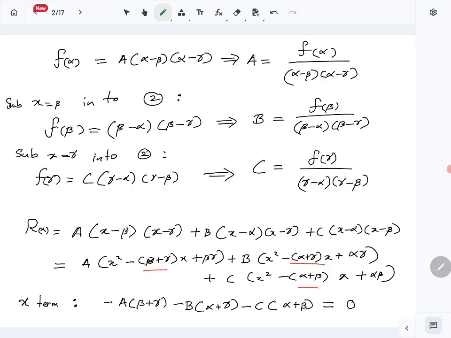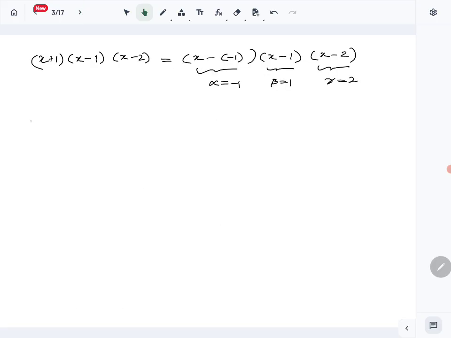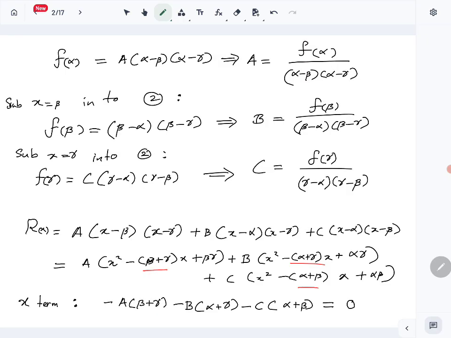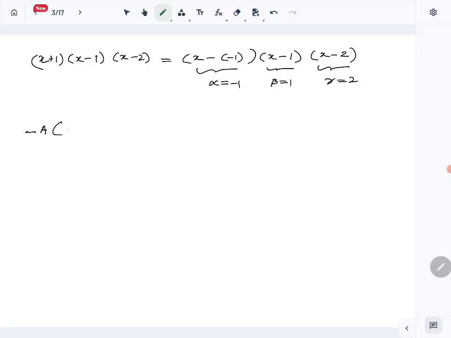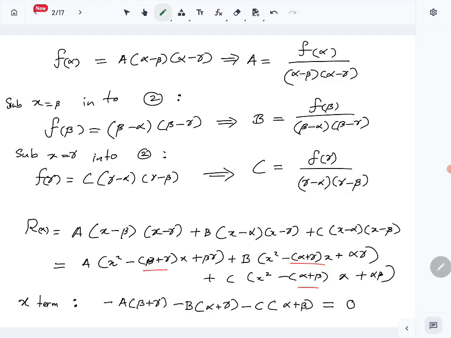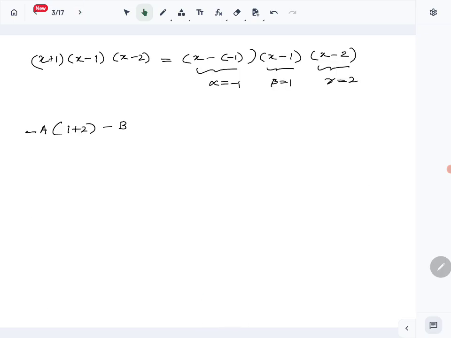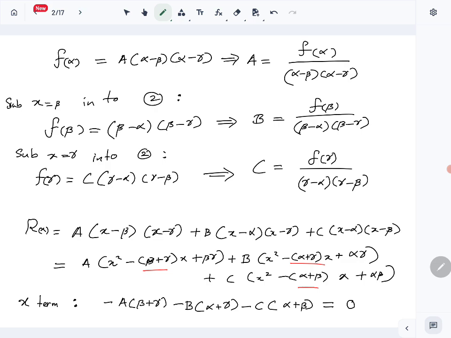So now let's substitute those values here and try to find the k value. So we have minus a beta plus gamma, minus b alpha plus gamma, alpha is minus 1, gamma is 2, minus c alpha plus beta.